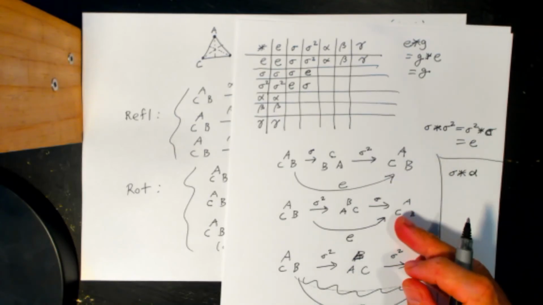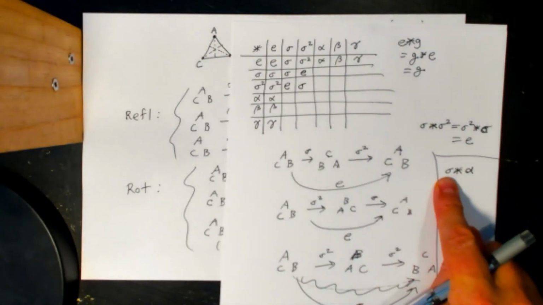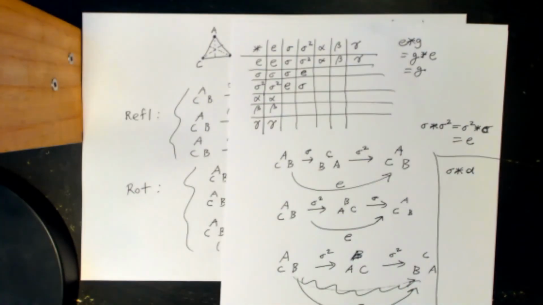Now, the way I've defined this, and it's probably not the convention, I've defined it as if I do this first, but I think it's actually I do the other one first. I'm going to stick to the way I've defined this in my Cayley table.